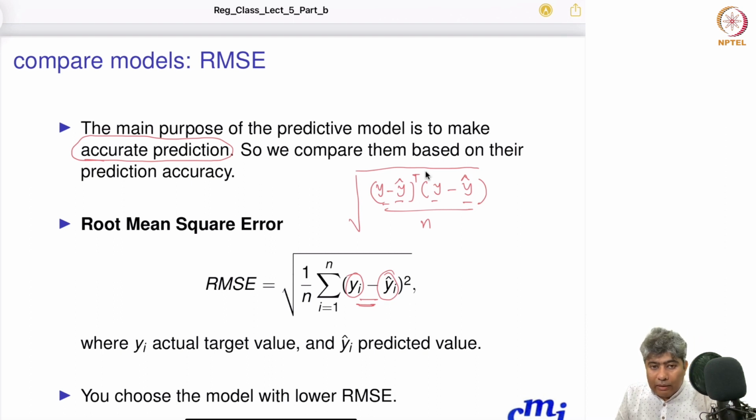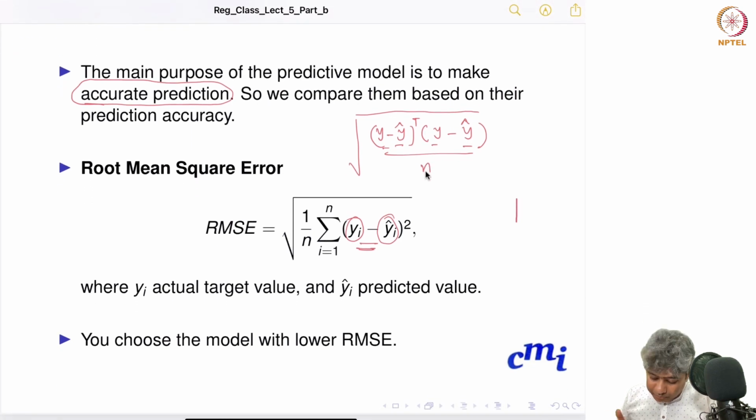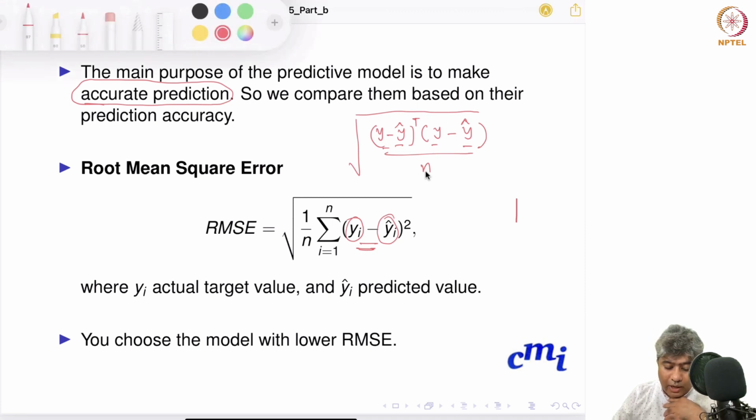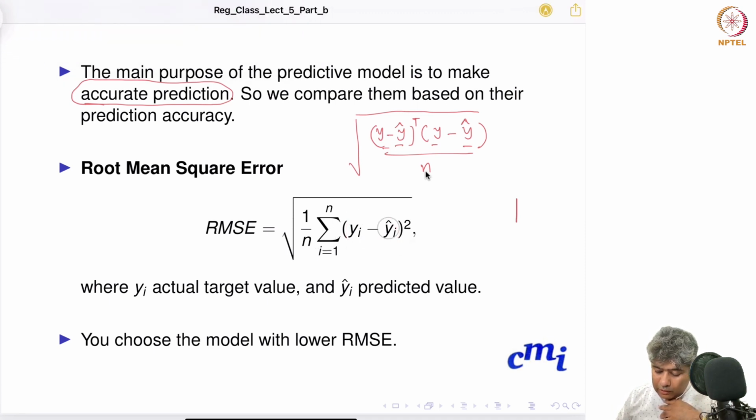Between two models, the one which has a lower root mean square error, of course, we will choose that.